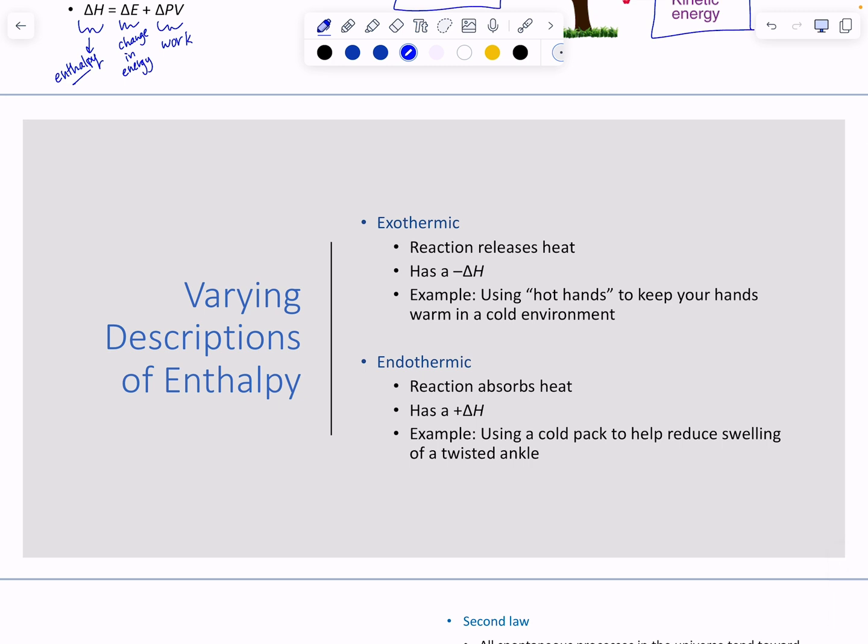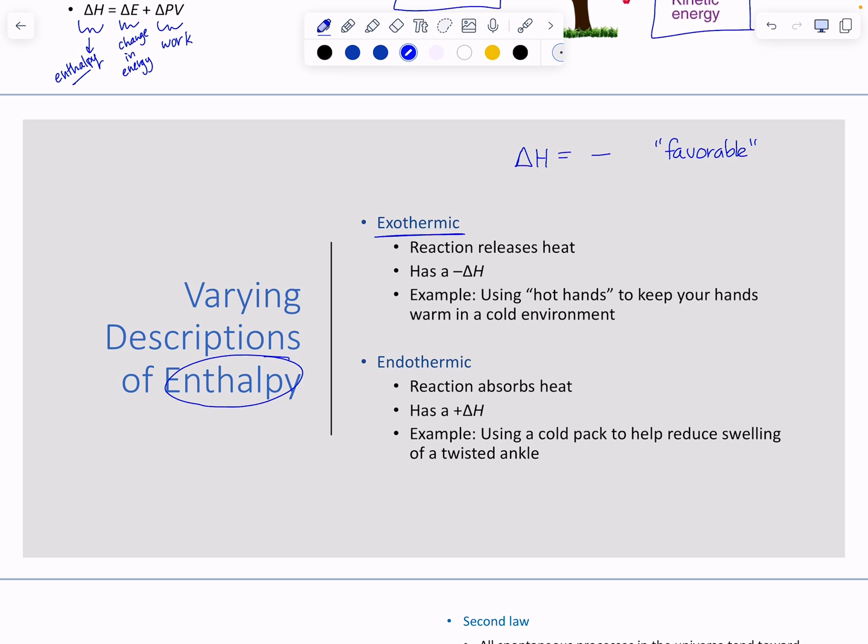Okay, so exothermic reactions are reactions that release heat, and those are going to have a negative delta H. So the thing that is important for you to remember in terms of enthalpy is that delta H is negative for exothermic reactions, and we typically think of these as favorable processes, or favored by enthalpy.